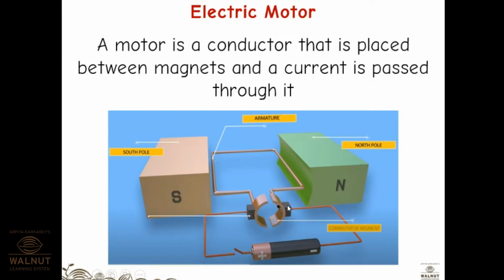Is the labeling clear? The conductor is also called armature coil. These are the two poles of the magnet, north pole and south pole. Battery. Then the cubical black structures are called brushes, and the C-shaped structure is called commutator or split rings.